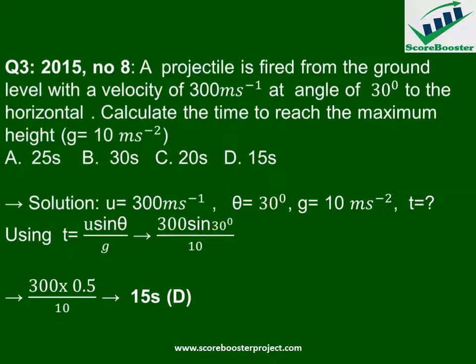So using the formula for small t, which is equal to u sin theta over g, our u is now 300 sin theta, which is 30 degrees, divided by g, which is 10. So that will be 300 times sin 30, which is 0.5, is 150, divided by 10. That will give us 15 seconds, making option D the correct answer.